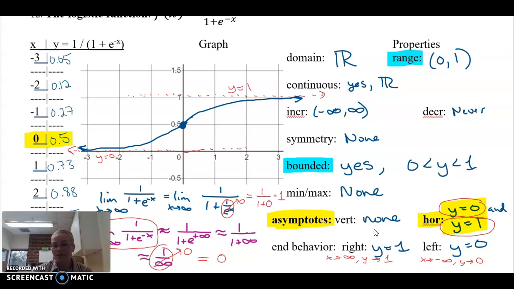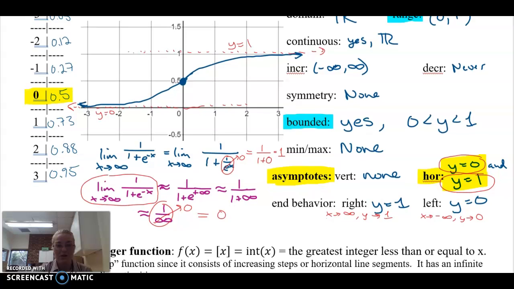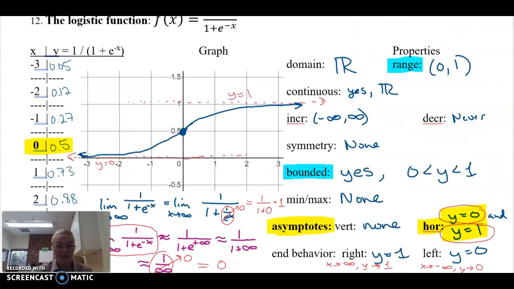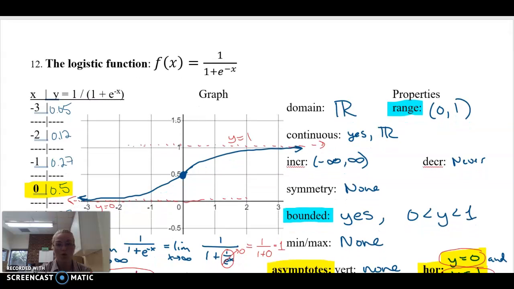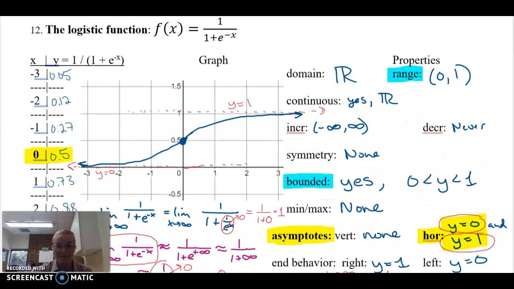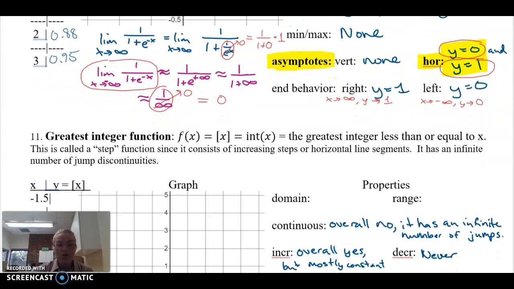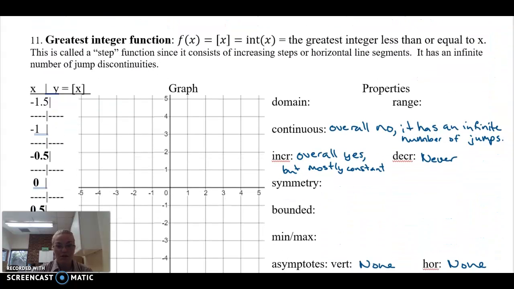There's none. There are no vertical asymptotes, but the horizontal asymptotes are absolutely crucial in understanding the way this graph works. Okay, so that's your logistic function, 1 over 1 plus e to the negative x. Let's now look at the greatest integer functions.